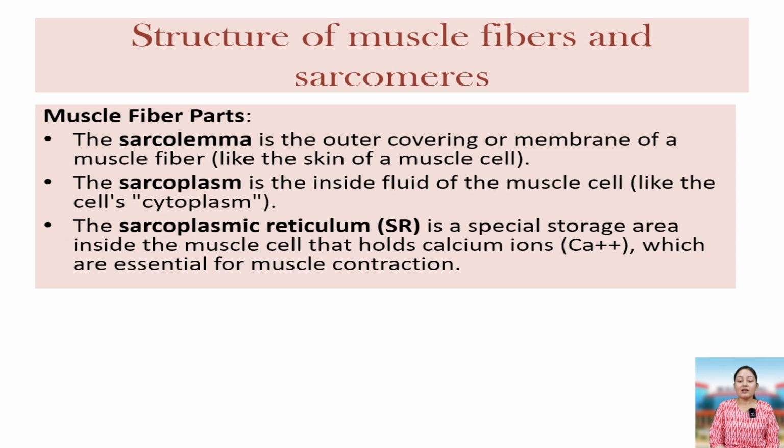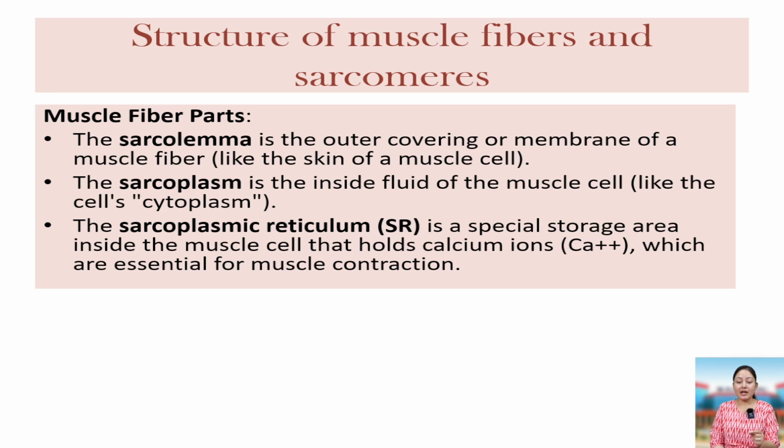Now, next is the structure of muscle fibers and the sarcomere, and how the structure of the sarcomere works. In the muscle fiber, there is a sarcolemma, the outer covering or membrane of a muscle fiber. It is like the skin of the muscle cell, right? Next there is the sarcoplasm.